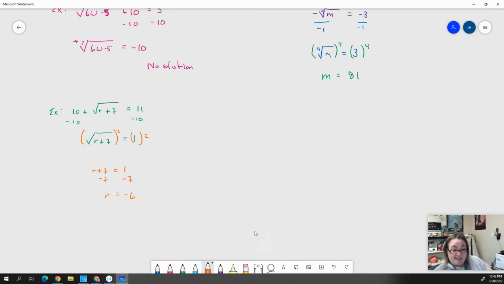Sometimes you will get it in exponential form instead of radical form, but it still works the same way.